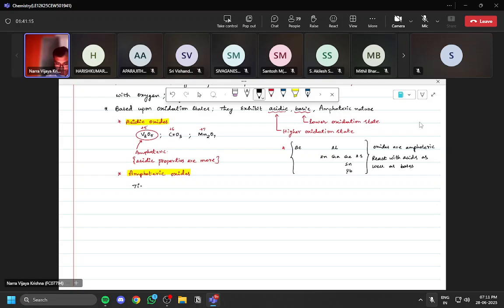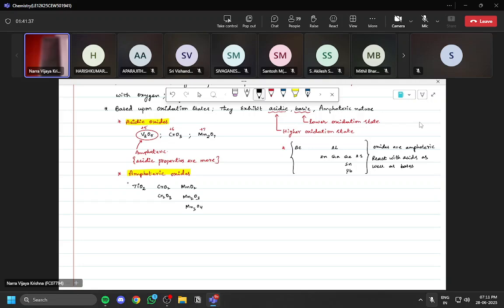Titanium, chromium, CrO2, Cr2O3, manganese, MnO2, Mn2O3, Mn3O4. Over. These are amphoteric oxides. Remaining all oxides are basic.